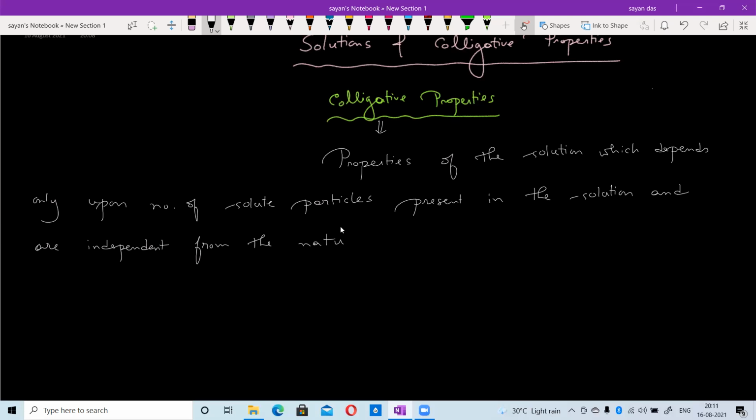Properties independent of the nature of solute particles are known as colligative properties. In short, we can write CP.